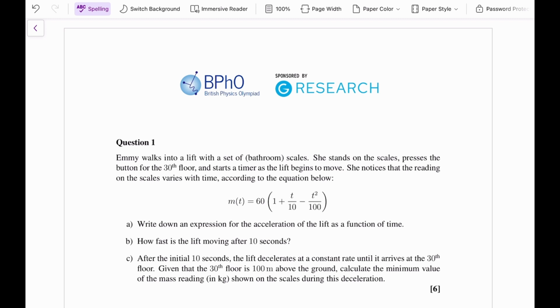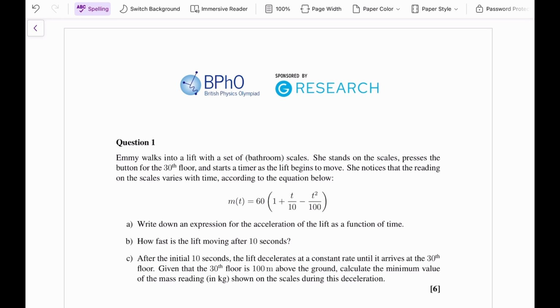So this equation is essentially when the lift is moving up, the mass that is measured by the scale varies according to this equation. And for question A, write down an expression for the acceleration of the lift as a function of time.